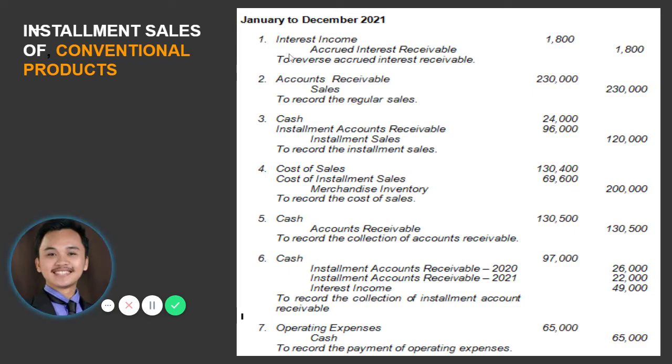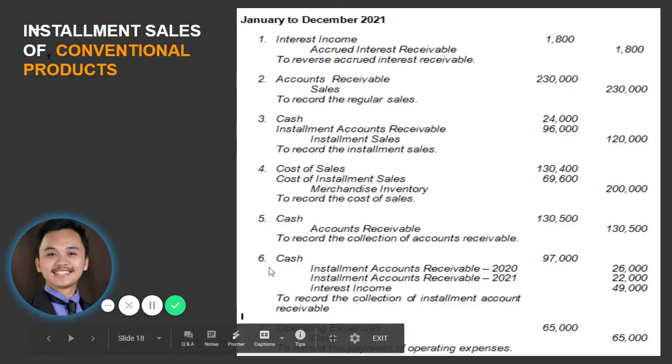So to reverse it, debit interest income of 1,800 and credit accrued interest receivable for 1,800. And then number 2, to record the regular sales, debit AR, credit sales for 230, same recording, same as the pro forma.